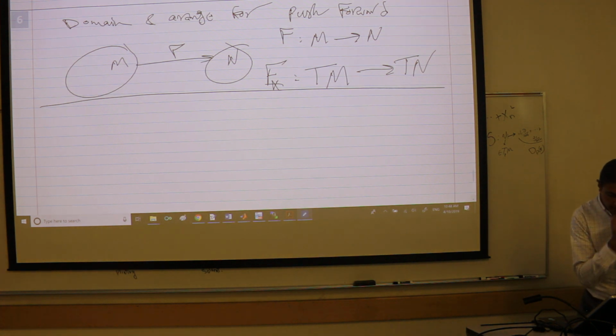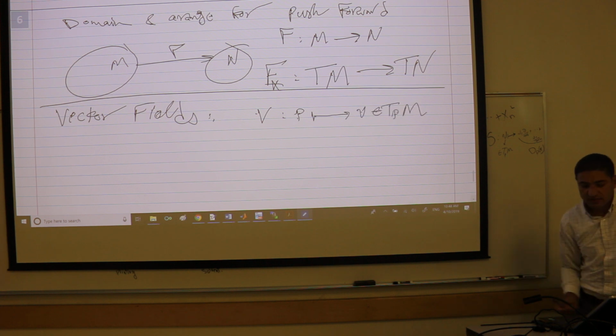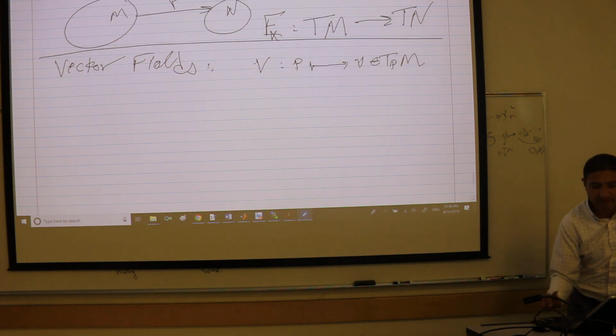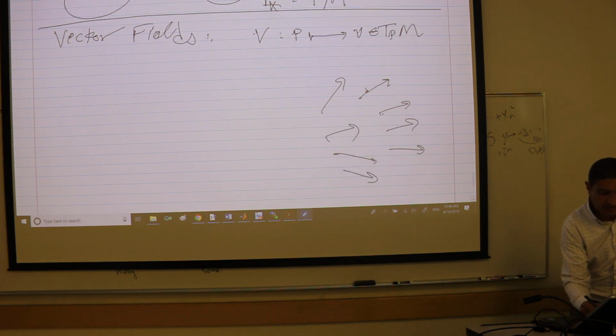Okay, so vector fields. It's a very natural notion. A vector field V takes a point P in M and gives you a velocity vector in T_P M. That's it. At any point it gives you a vector, an arrow, like a velocity field for flow around an object.